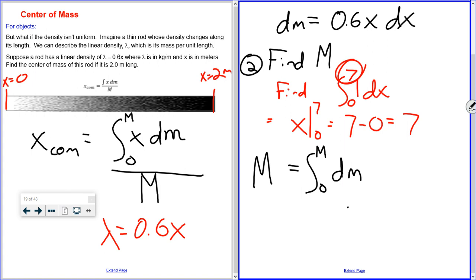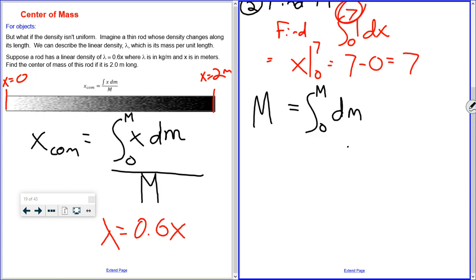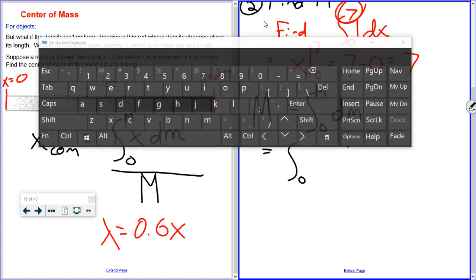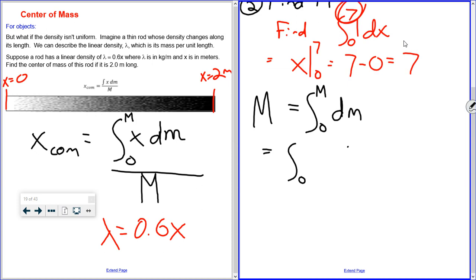All right, so that becomes the integral between 0 and capital M of dm. But remember, we just found dm a minute ago, and dm was 0.6x dx.